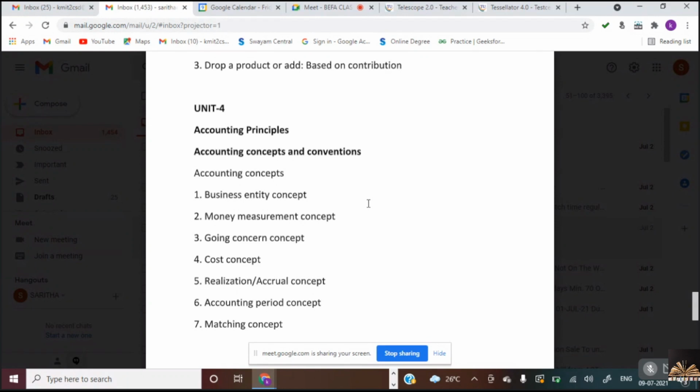No, isn't it? Such transactions will be ignored, and only those will be recorded which can be measured in terms of money. Okay, and one more important thing, always remember, time value of money and price level changes will not be considered in accounting, but considered in which subject?